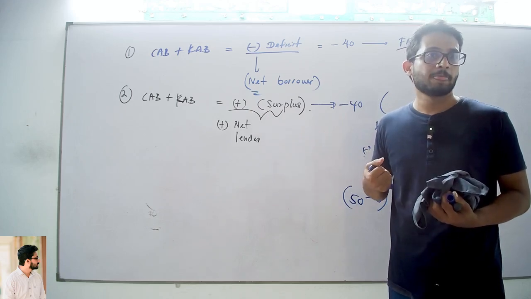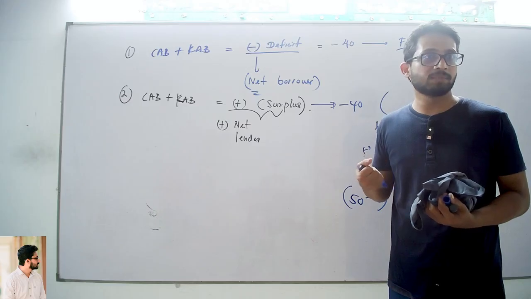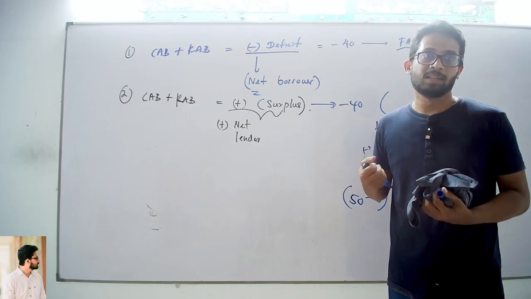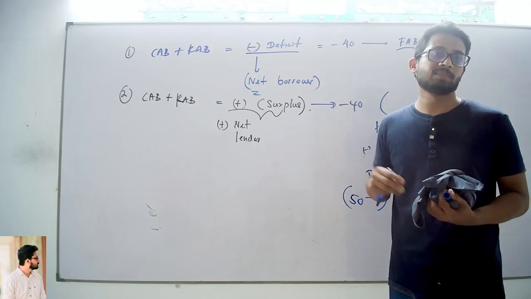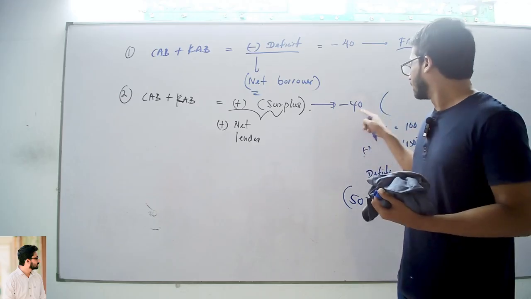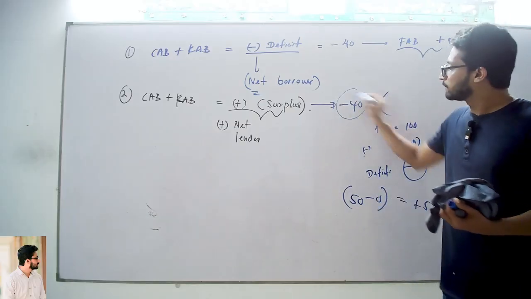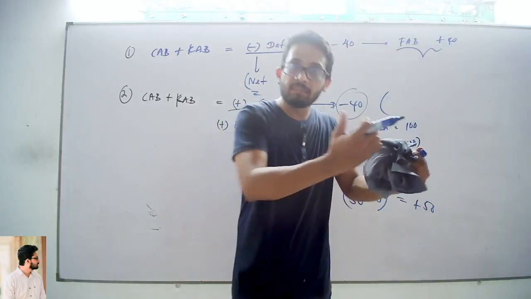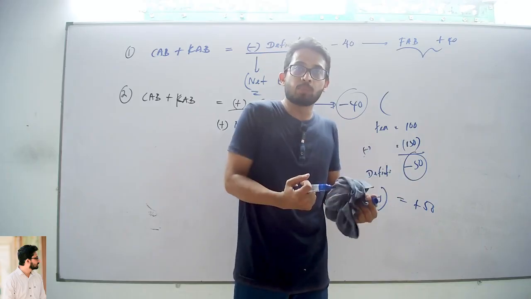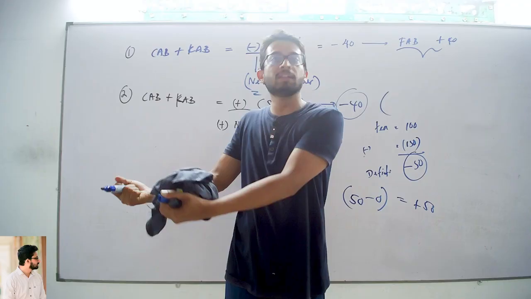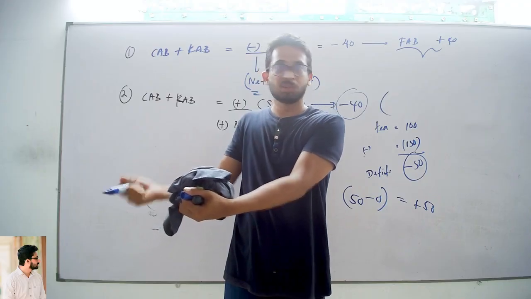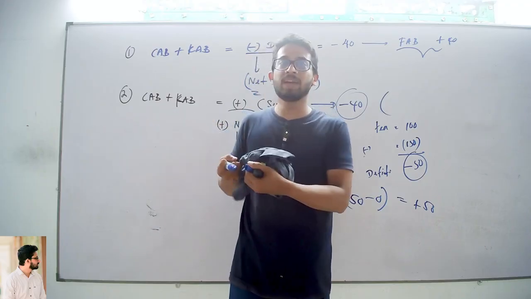Our receipts are more than payments, so that excess amount should be invested somewhere. That's why the financial account balance becomes minus 40. It means we have paid this 40 billion to someone else in the world, not free of charge. We receive benefit.